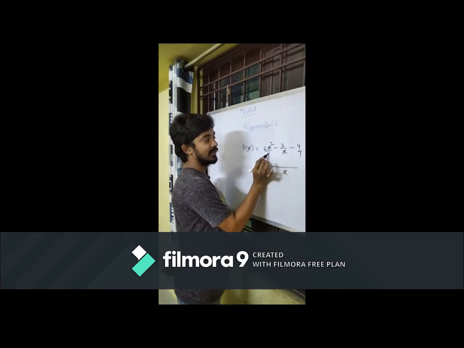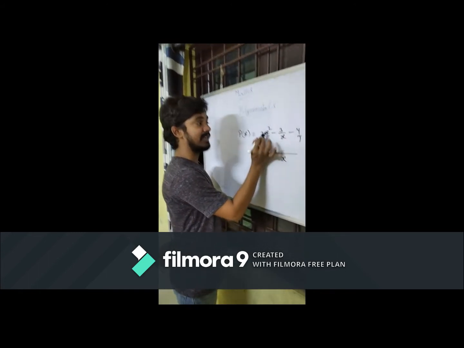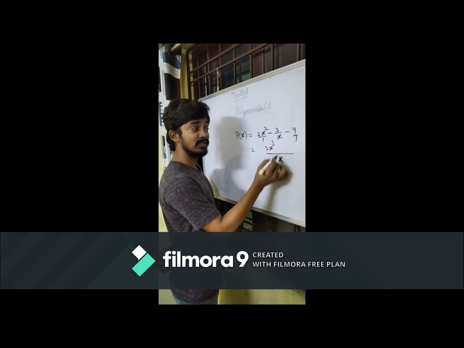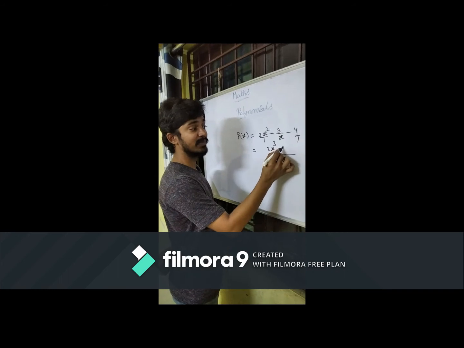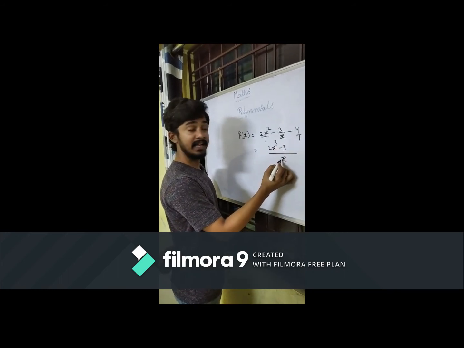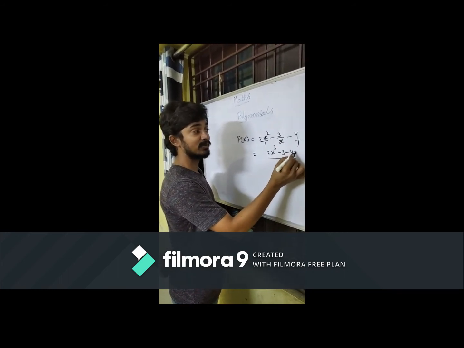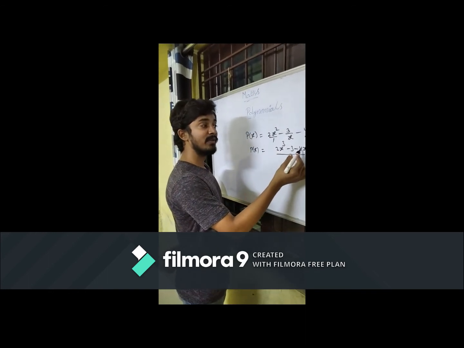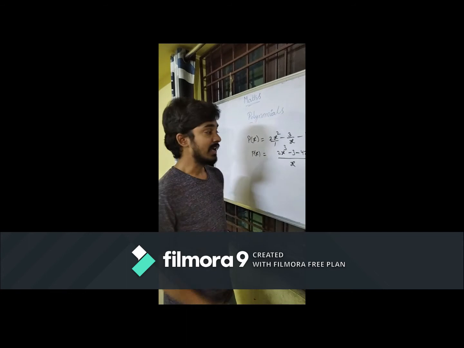Next step, 1 into x, x into 2x^2 gives 2x^3; 1 into minus 3 gives minus 3; x into minus 4 gives minus 4x. P(x) equals (2x^3 minus 3 minus 4x) by x.